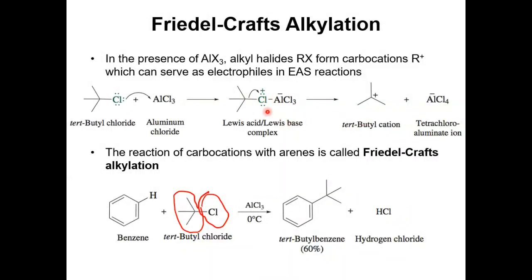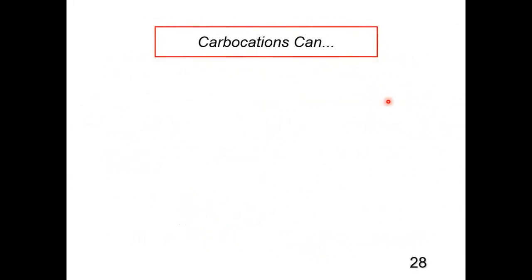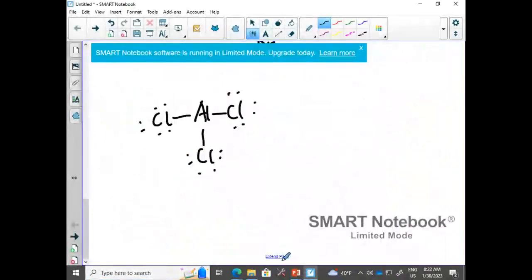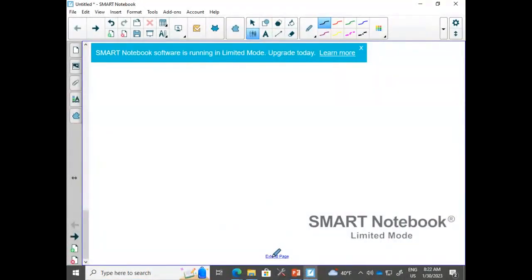The other reason this dissociation happens readily is the stability of this carbocation. I hope you recall this is a tertiary carbocation, and the tertiary carbocation is the most stable type of conventional carbocation. So that's why this one can form. Then this is the true electrophile that reacts with the aromatic ring. Just to help you get familiar with the process, once the tertiary carbocation forms, let's look at the rate limiting step again.